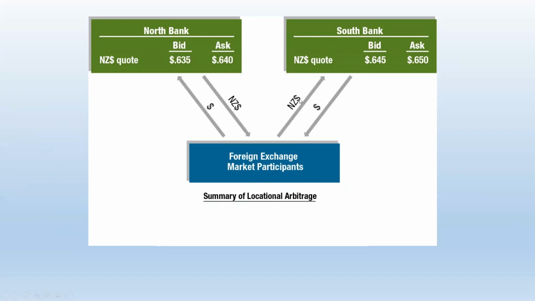And then basically what you will do is buy the New Zealand dollar at the bank with the lower price, which is North Bank. You buy New Zealand dollar using US dollar, of course, and then you immediately sell it at the bank with the higher price.